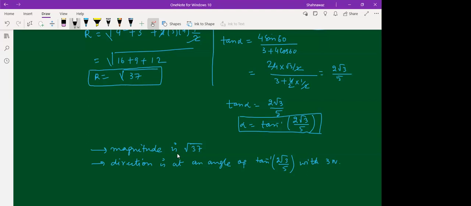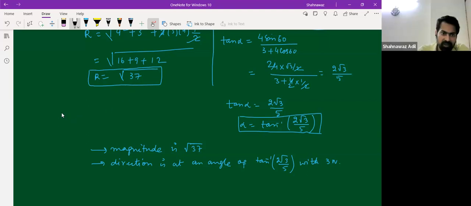Okay, so we can write the direction in this way also. So this is north, this is south, this is east, and this is west. The angle is this, 2√3/5. So what direction is this? Can you guys tell me?